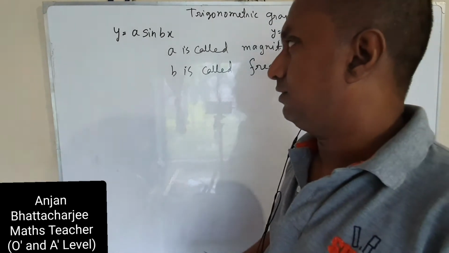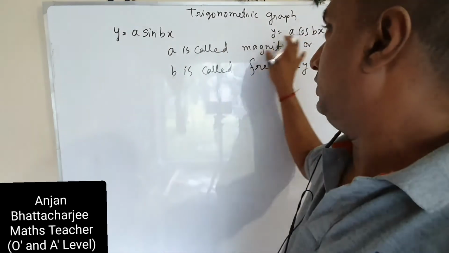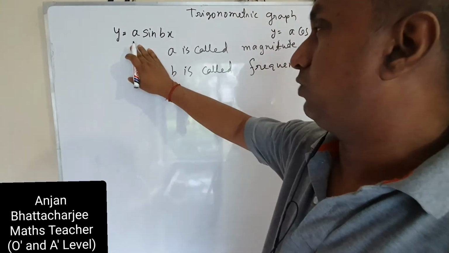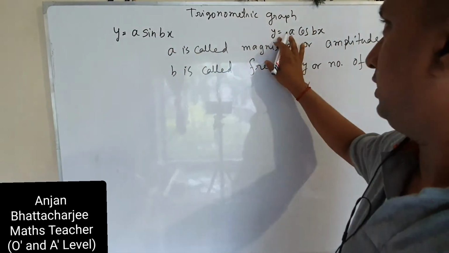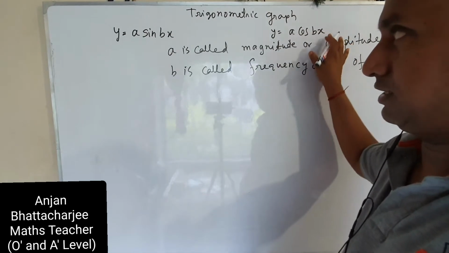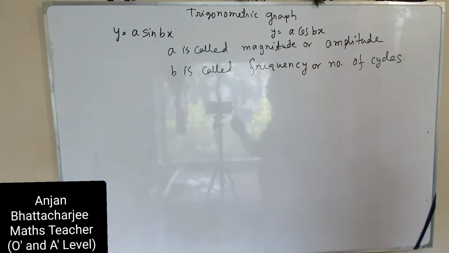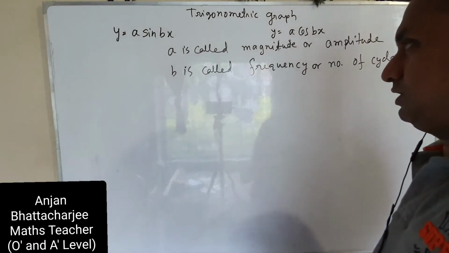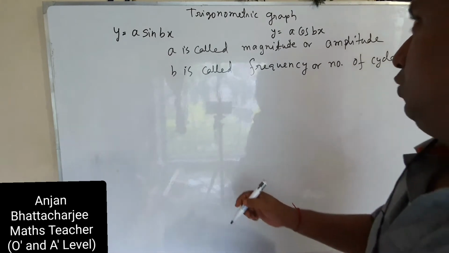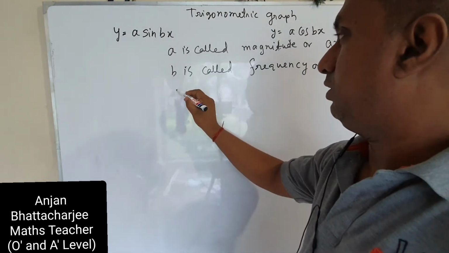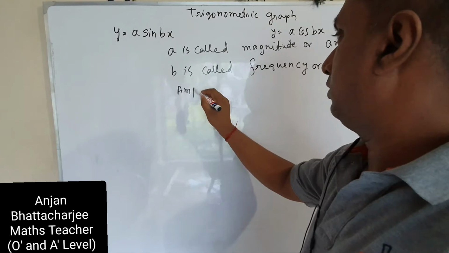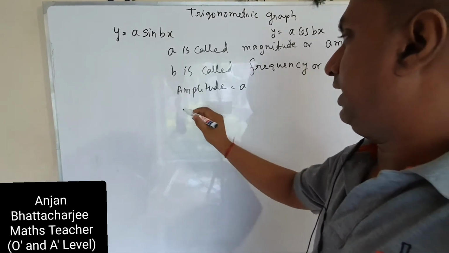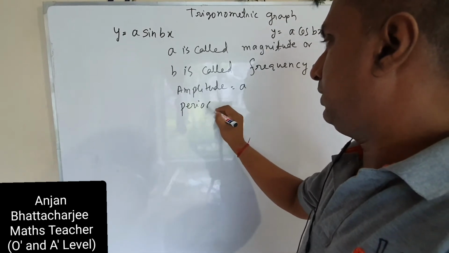I'll give some examples related to this and how we can sketch the graph for y equals a sin bx and y equals a cos bx. When we are sketching graphs of these types, first of all we will find the amplitude, that is A, and then the period.